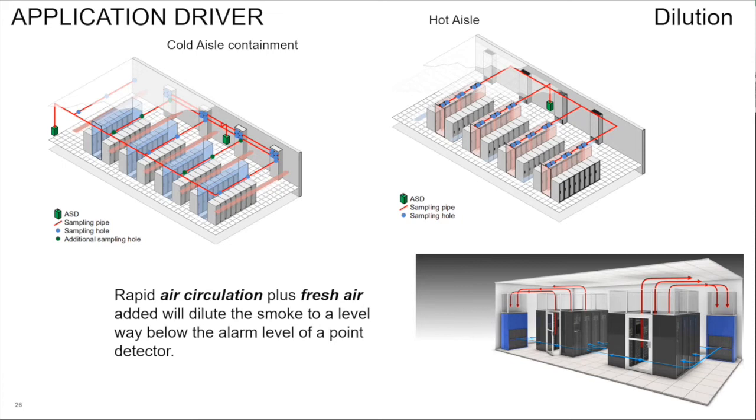Apart from that, rapid air circulation plus fresh air dilute the air in a way that makes it not possible to detect fire in a very incipient stage, which is also taken care of by SecuriSmoke aspirating smoke detectors.